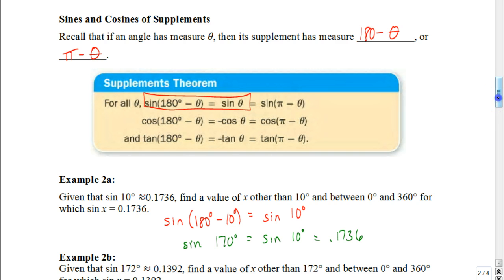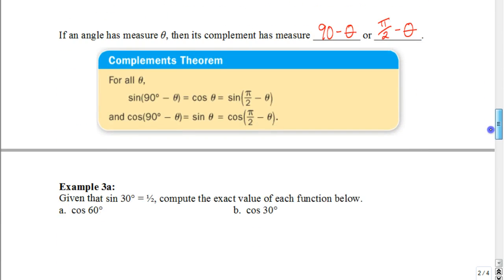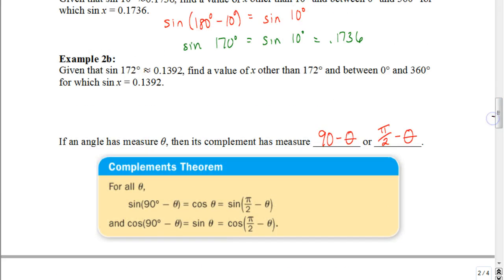Now we have another theorem. Remember back in geometry we also learned about complements. So the complement of an angle is where we have two angles that add up to be 90 degrees. Or another way to look at it, if we know the measure of an angle, its complement is going to be 90 minus the measure of the known angle. Or if we're working in radians, now if pi represents 180 degrees, pi divided by 2 would represent 90 degrees in radians.